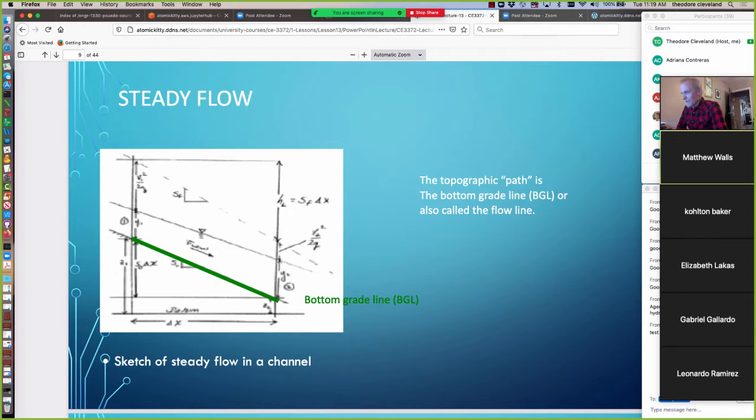It doesn't have its own special name, although the NCH, the Federal Highway Administration and the TxDOT manuals call that the flow line, or it might be called profile grade line, depending on the context. But we can call it bottom grade line. Here it's just painted in green, and so it represents the position of the bottom of the channel everywhere.